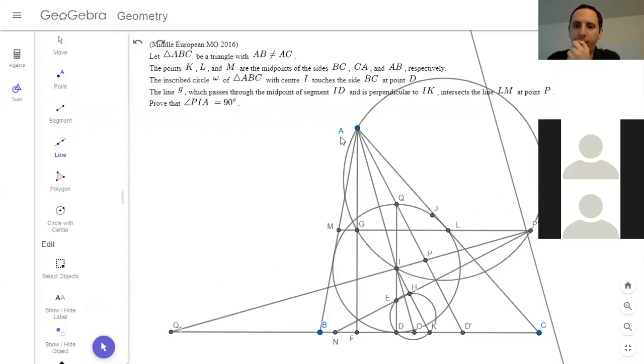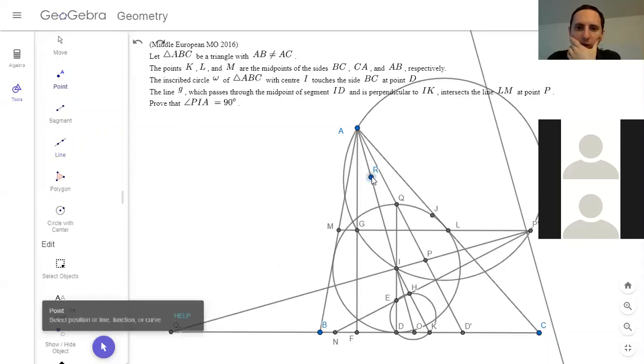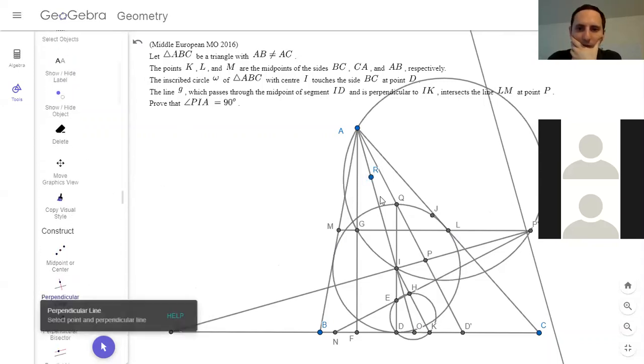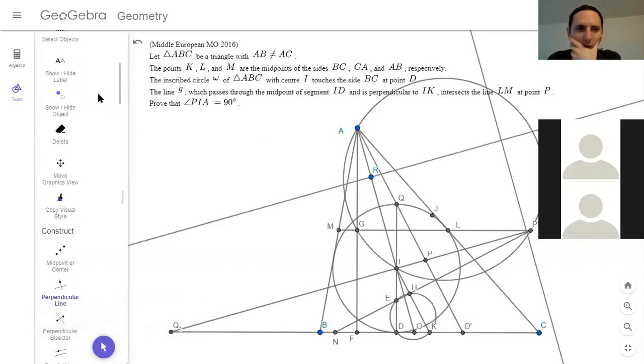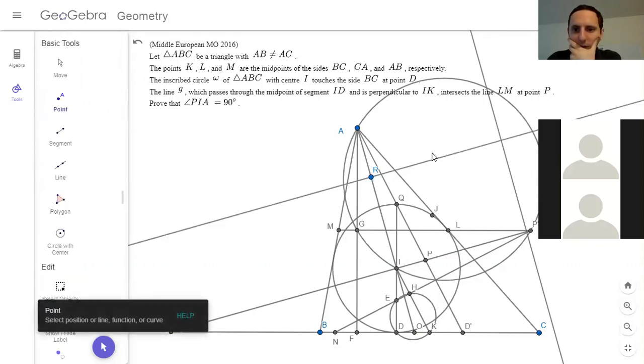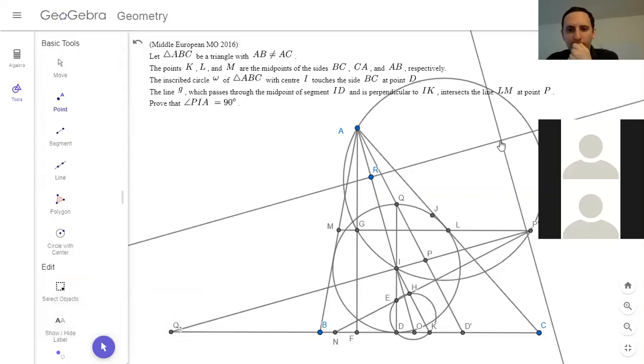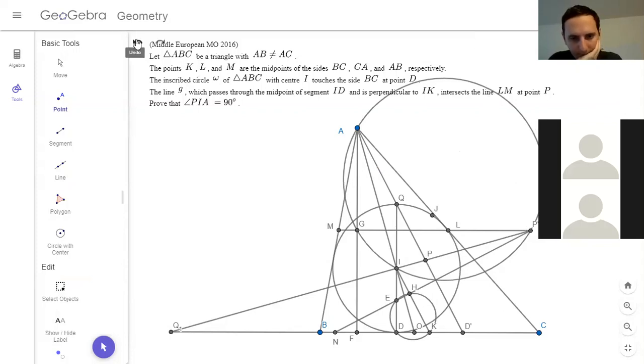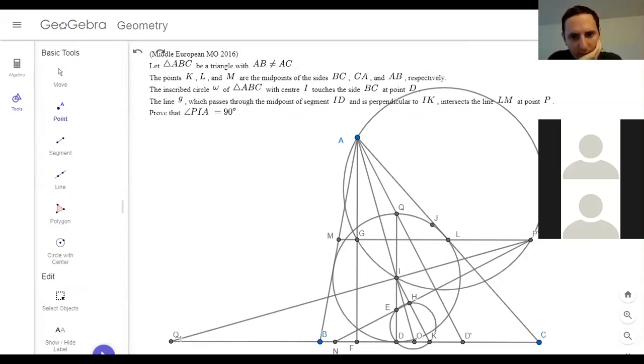Basically, you're kind of saying that that's parallel to AI, right? Let's check it out. So, looks true. Yeah, okay. So I kind of see what you're saying. That makes sense. I'll call that P.